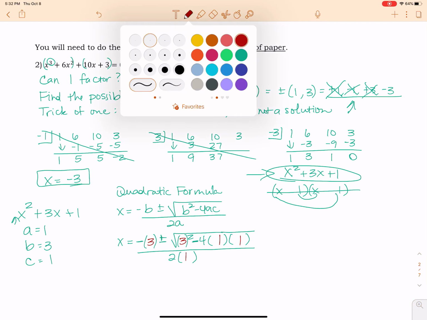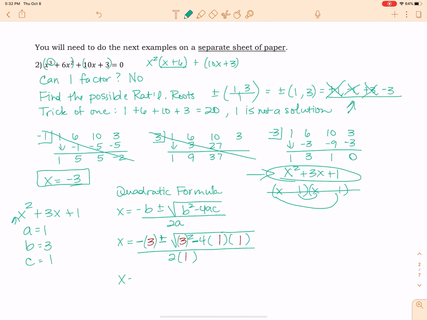All right, so once I get those values in there, I've got a negative 3 plus or minus, and 3 squared is 9, and then 4 times 1 times 1 is 4, and then I've got a 2. So this will simplify a little bit more. X equals negative 3 plus and minus 9 minus 4, which is 5.